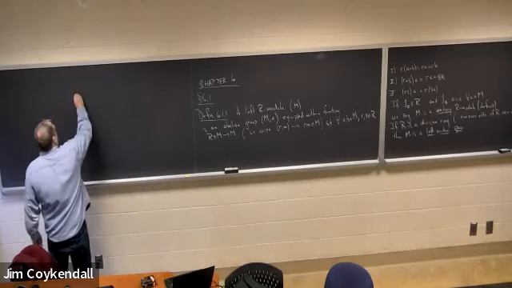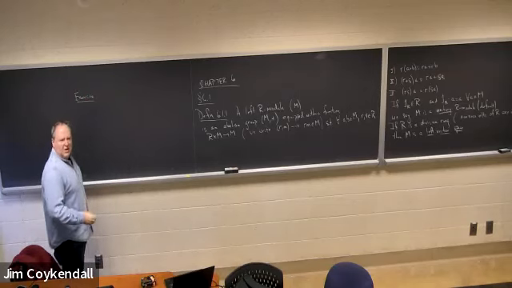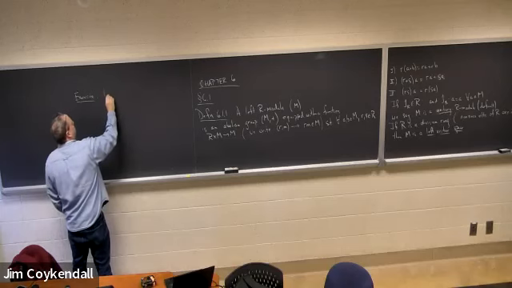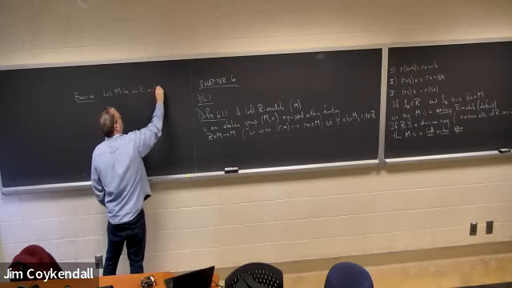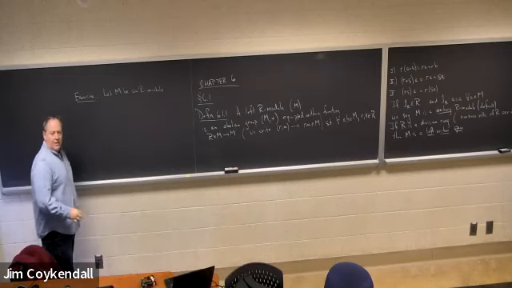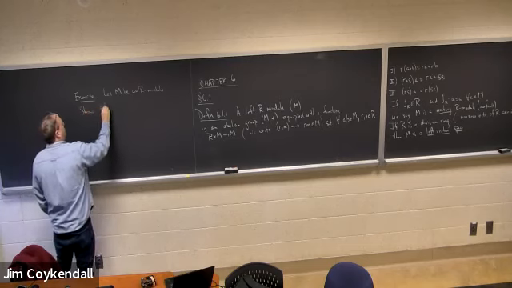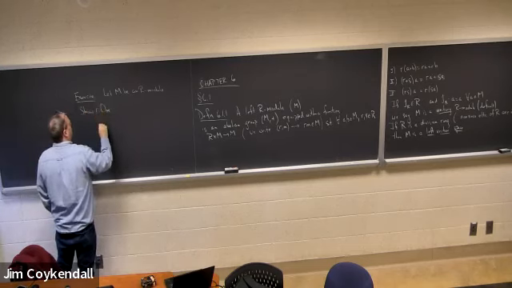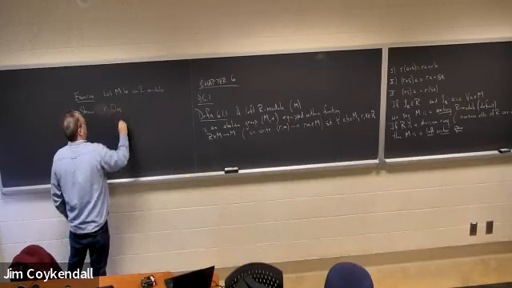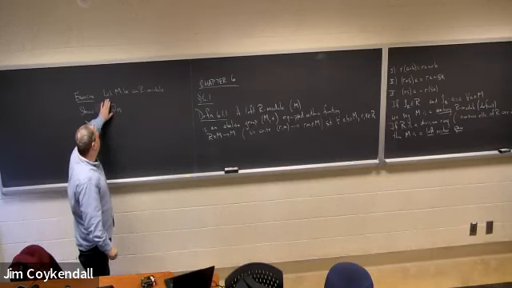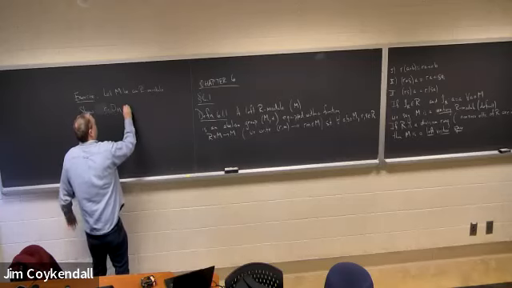So here's an exercise. This is just kind of a little fun thing to do. Pick your favorite R module. Show that, of course, the module is an abelian group, so it has a 0 element, right? So take the 0 element of the abelian group and multiply by any element of R, and you get the zero element.